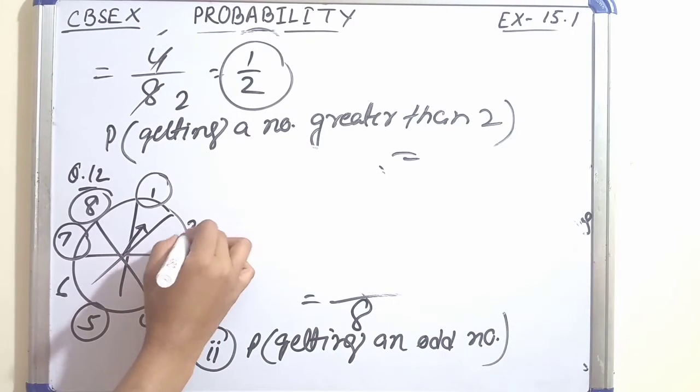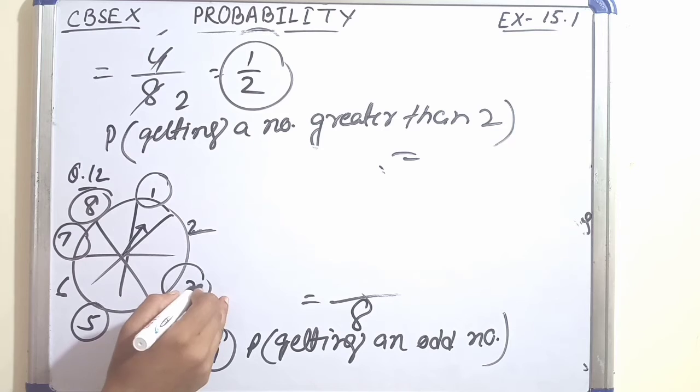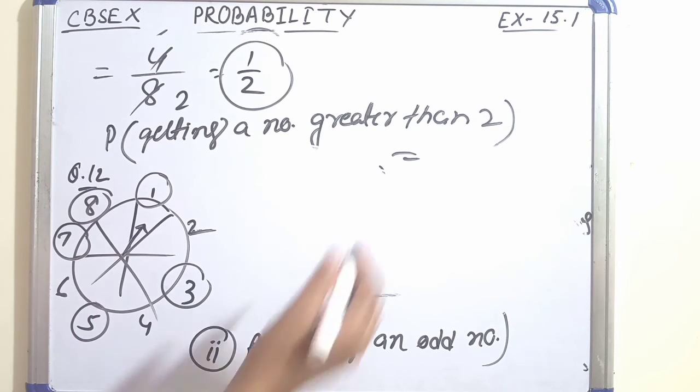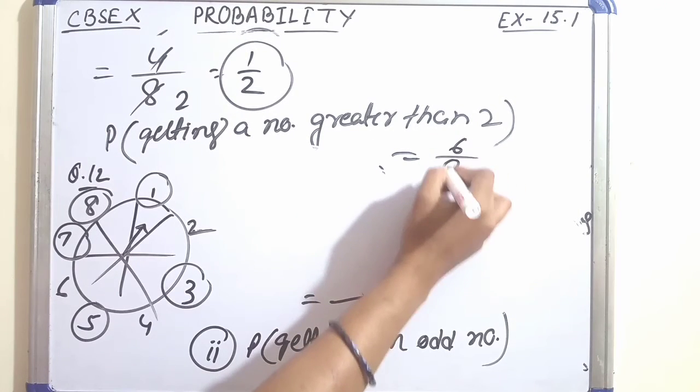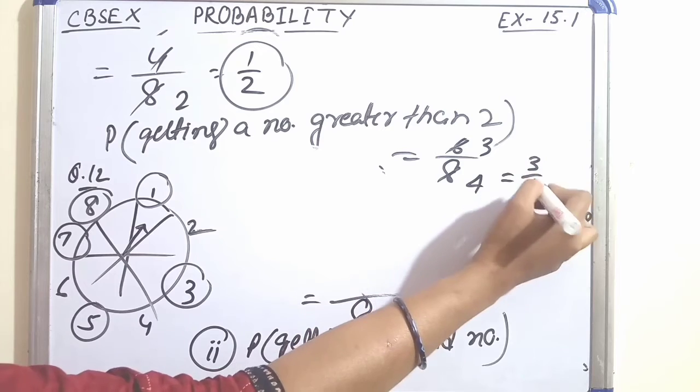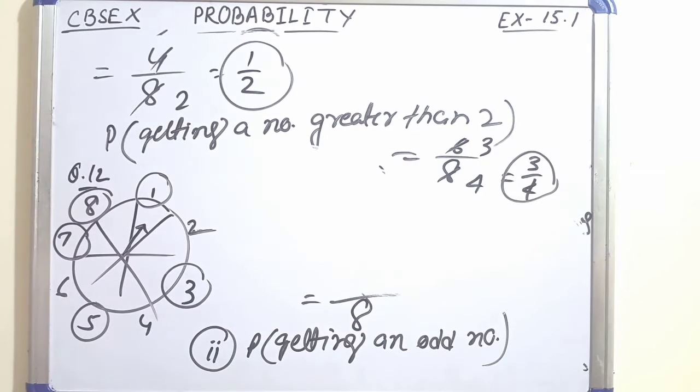Greater than 2 means how many numbers are there? 3, 4, 5, 6, 7, 8, that is 6. So number of favorable outcomes 6 upon 8, that means 3 upon 4.